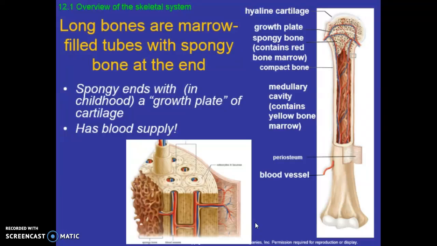Even though there's a lot of bone marrow and a lot of blood circulation on the interior of the bone, the bone itself, like you see here, has to have its own vasculature for proper nutrient and waste movement.